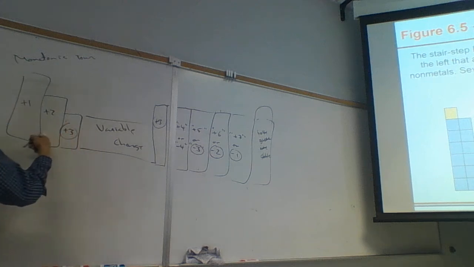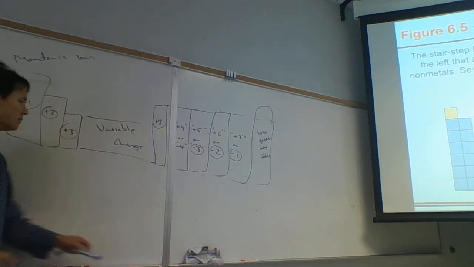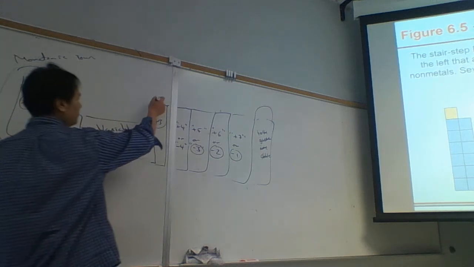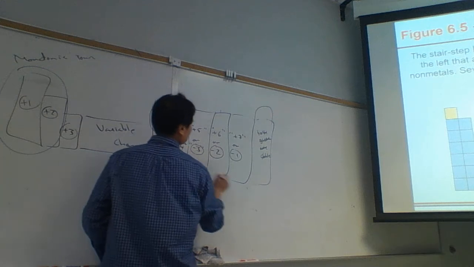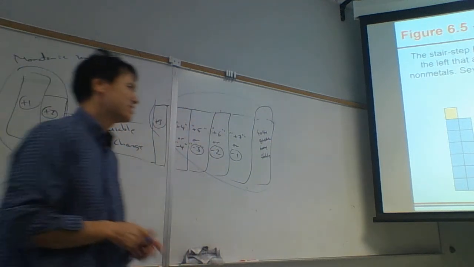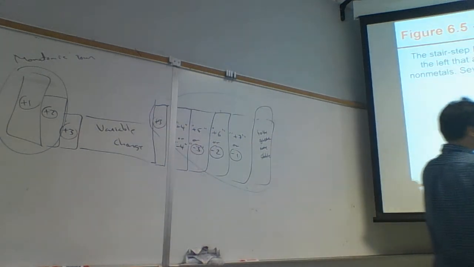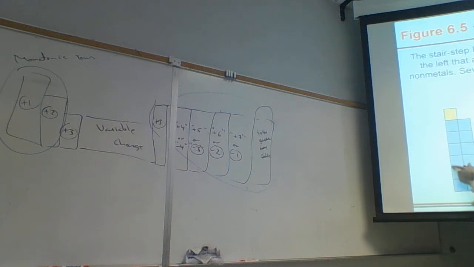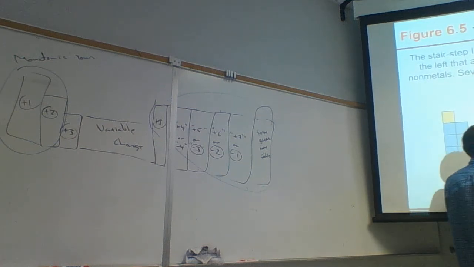+3 is tricky because it occurs differently. And so we have this. This is called the main group, right? The main group is not completely separate, because if you look at this, take a look at how the metal bites in. This block here is the main group, this block here is the main group, this block here is the transition metals.